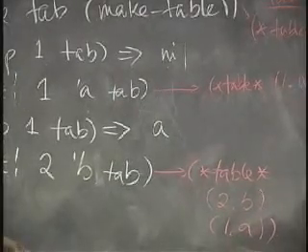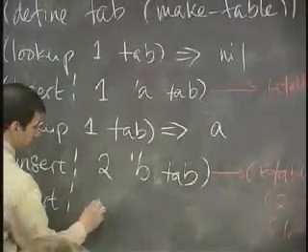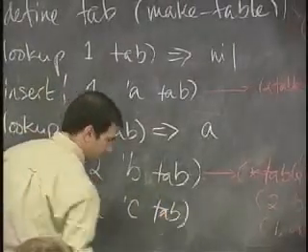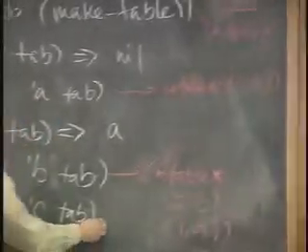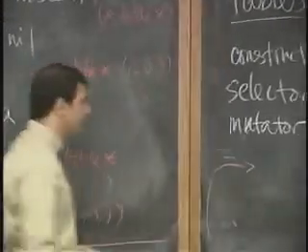So let's finish this up and do one of those modifications. Insert bang 2 to be C, as Brian was suggesting. What is it going to be now? I'm sorry to cross the board, but we need the room.